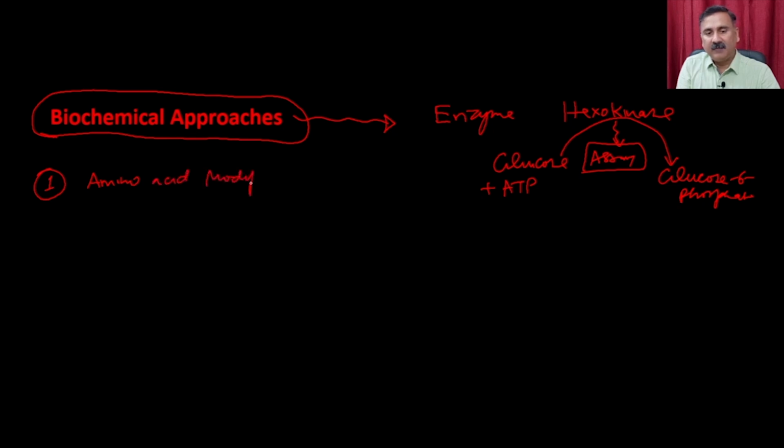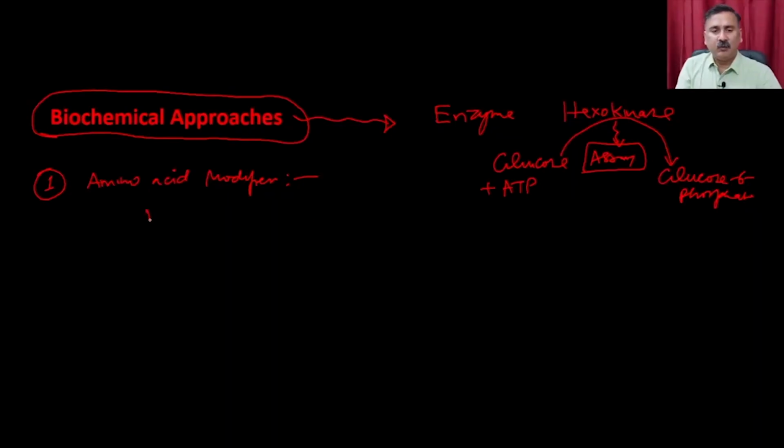Before the pre-genomic era, cloning and other techniques were not very common, right? So you can use amino acid modifiers, and there is a list of amino acid modifiers that you can go through in Voet and Voet or other biochemistry books.